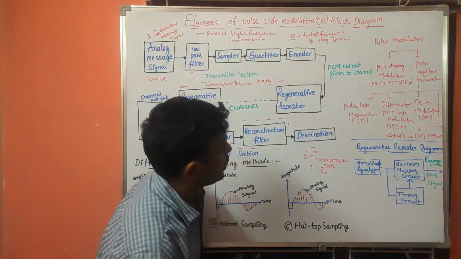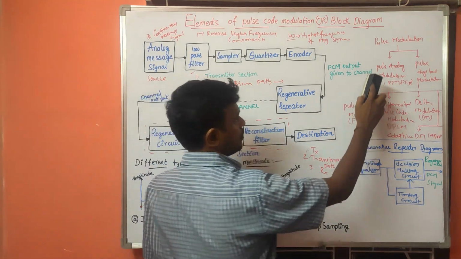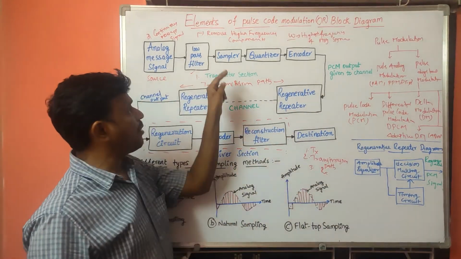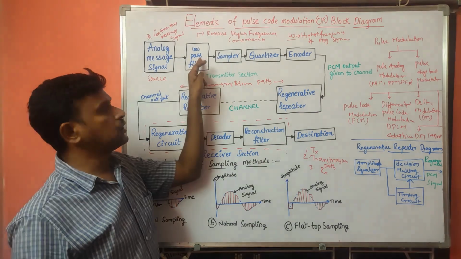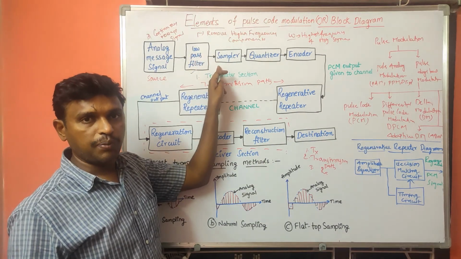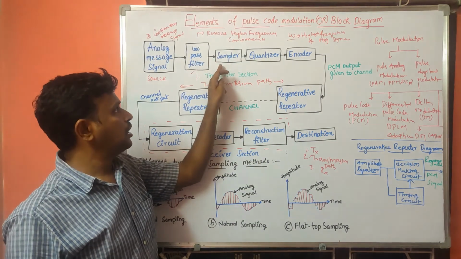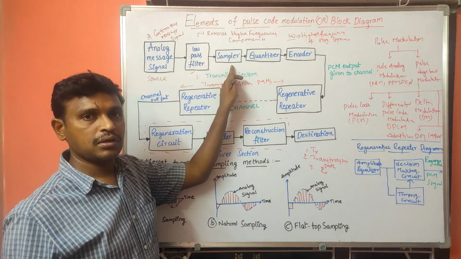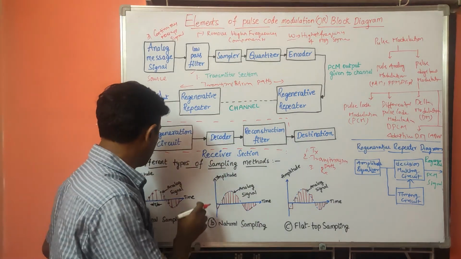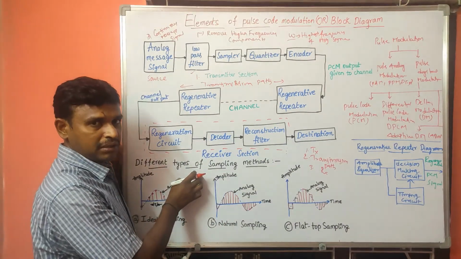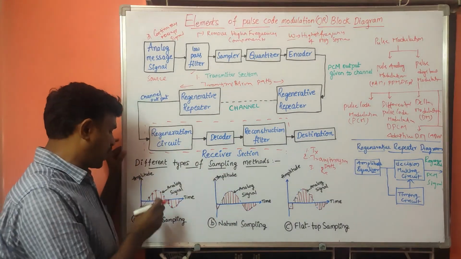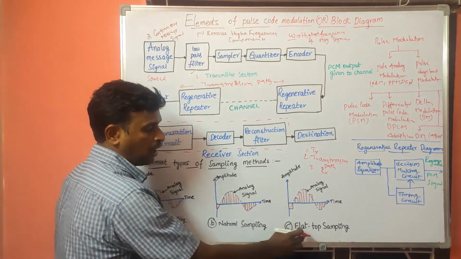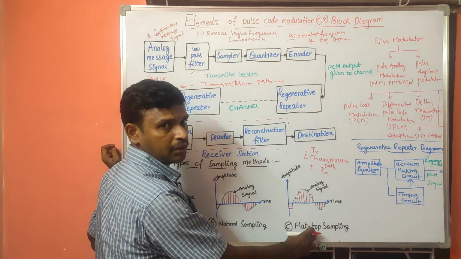Here we have different types of sampling techniques: one is ideal sampling, the second is natural sampling, and the third is flat top sampling.